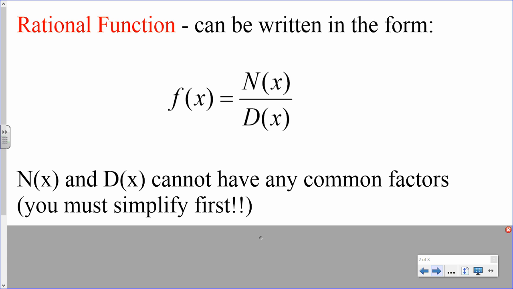Now, we have not done a lot of discussion on rational functions, but we did talk about the domain of rational functions in chapter 1. What did we look for with the domain when we were in chapter 1? What can equal 0?